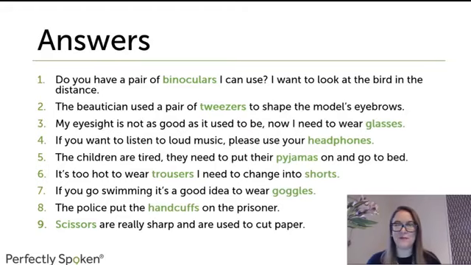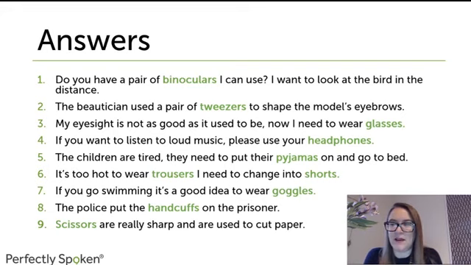Okay, do you have your answers ready? Let's check them. Number 1, do you have a pair of binoculars I can use? I want to look at the bird in the distance. Number 2, the beautician used a pair of tweezers to shape the model's eyebrows.